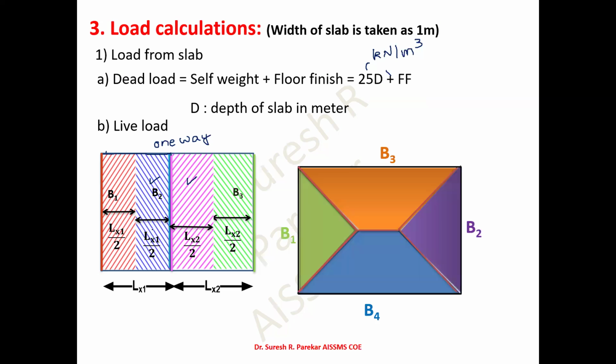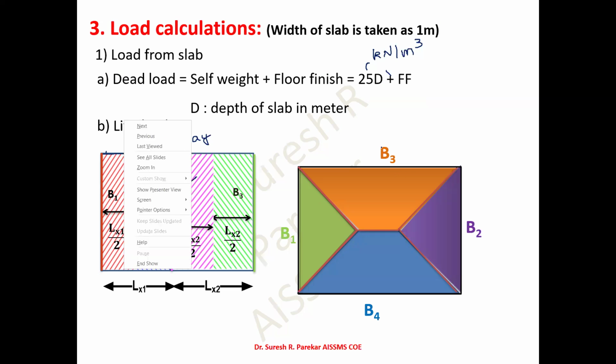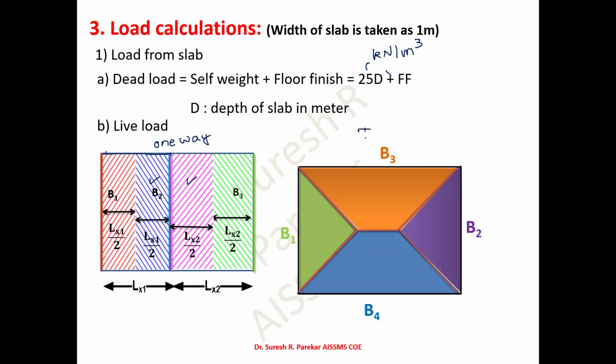Then, if we have a two-way slab, now here we have a two-way slab. In case of a two-way slab, you have to write this when you are writing this step. In case of a two-way slab, on the longer beam we have trapezoidal load. On the shorter beam, we have triangular load. So these loads we should know. Then how we will find the equivalent load, that you should know.